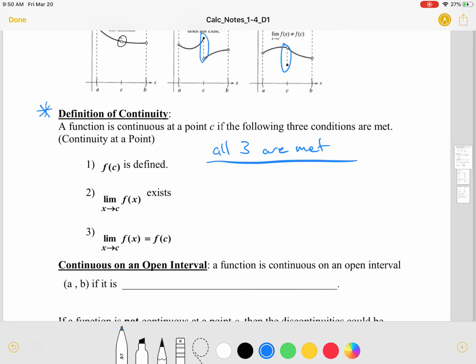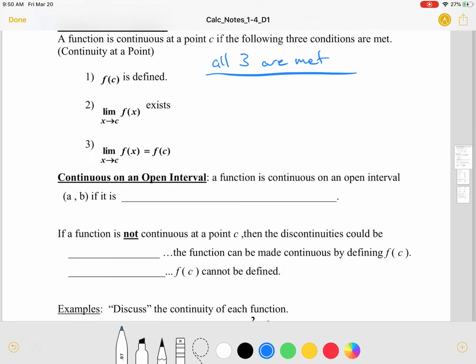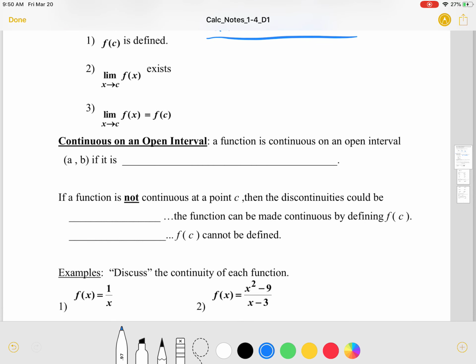Okay? So going on down, continuous on an open interval. A function is continuous on an open interval AB if it is continuous at every point C in AB.